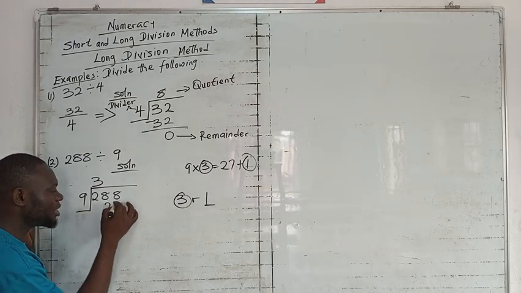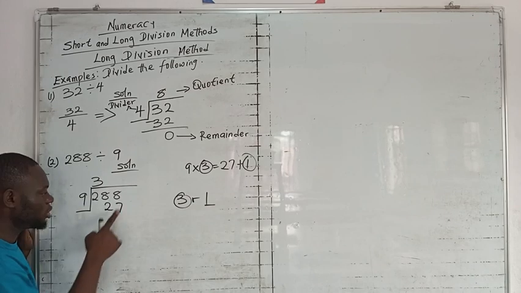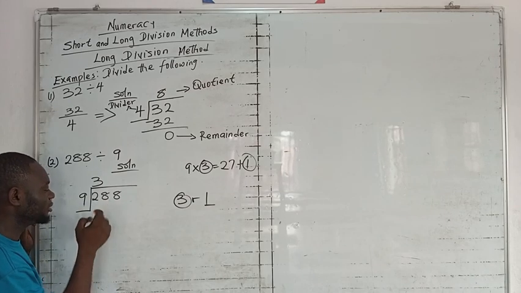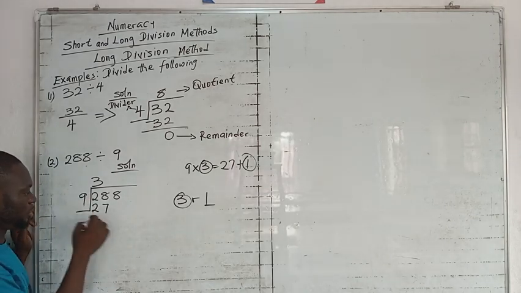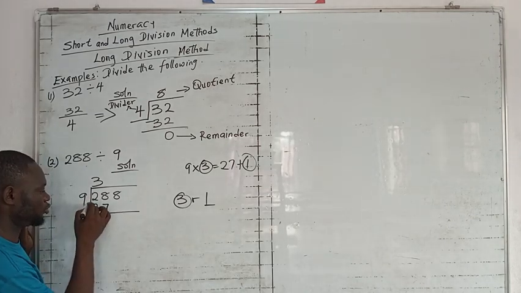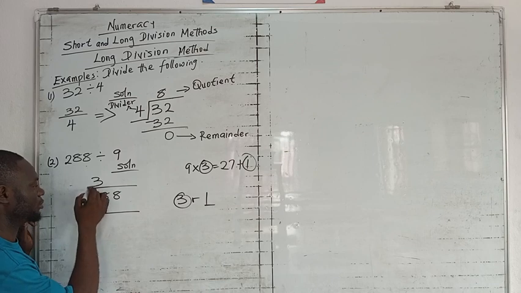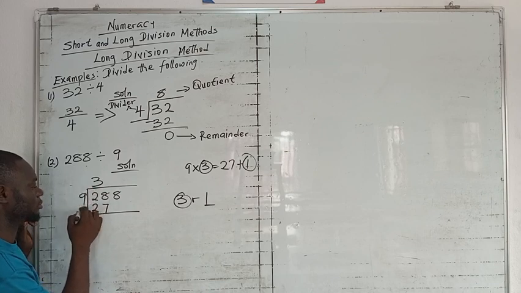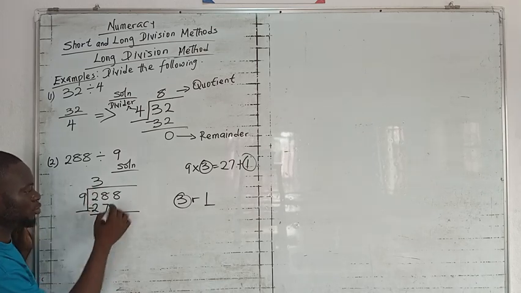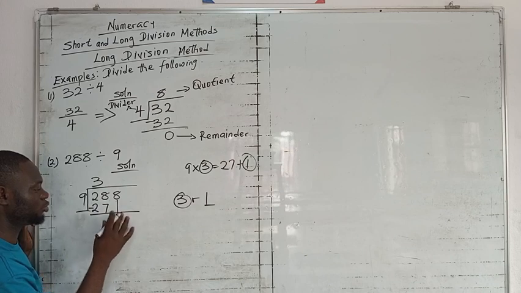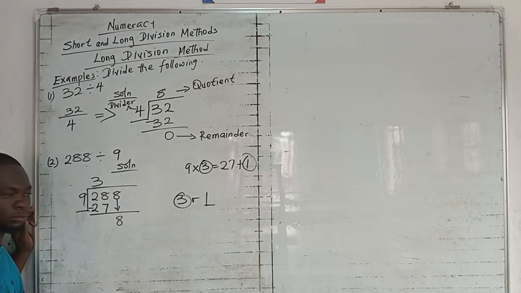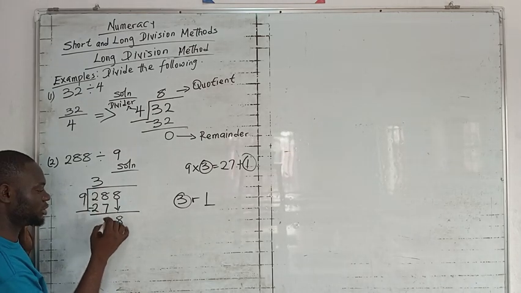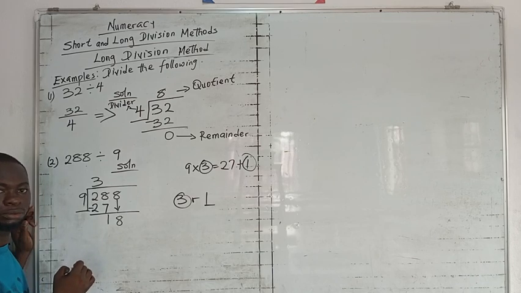Am I going to write my 27 here? No. I will write the 27 directly under the number I divided, which is what? 28. And we do what? We take away. We minus. What happens to this 8? We bring it down. 8 is here. 28 minus 27, 1. I see it.